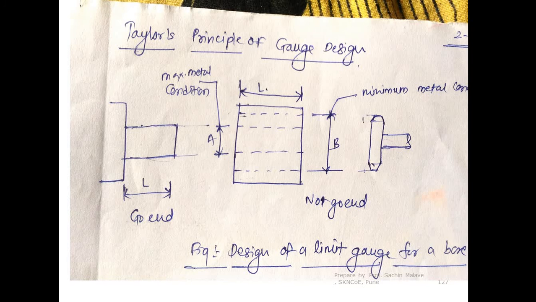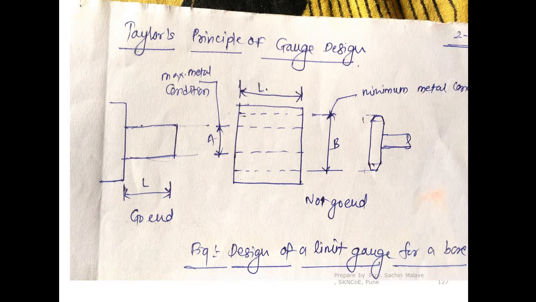But according to Taylor, the no go end should not be cylindrical; rather, it should be made in terms of two sharp points. It is very important. The shape of the no go end should be two sharp points, not cylindrical at all. So basically Taylor has put two important conditions.